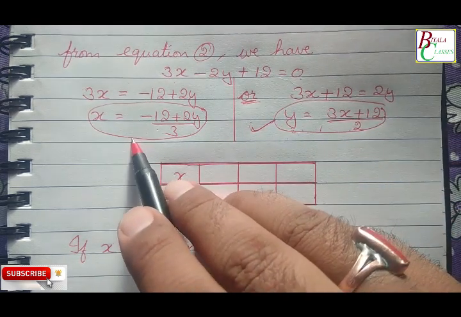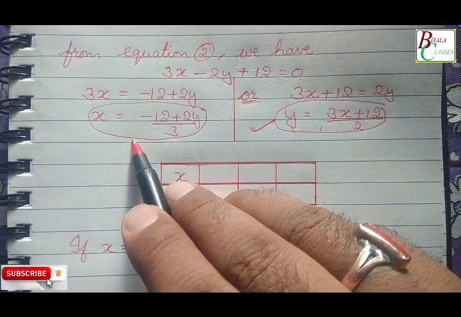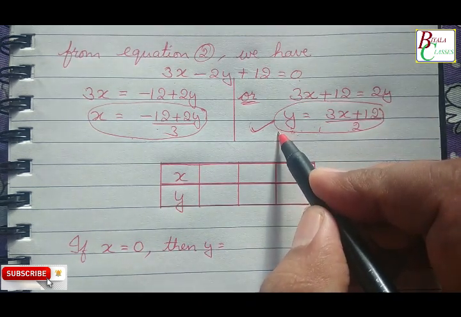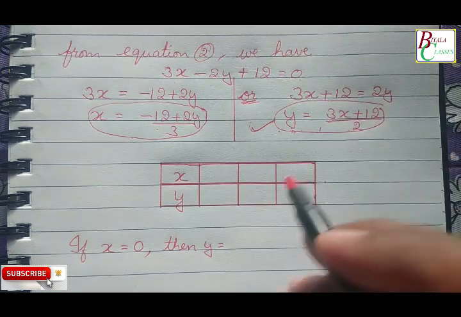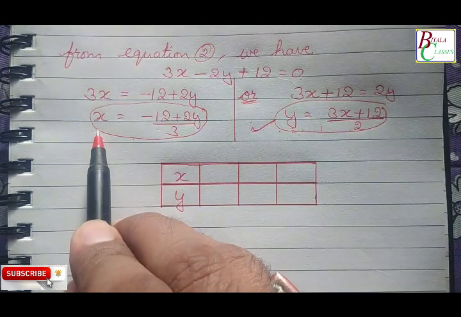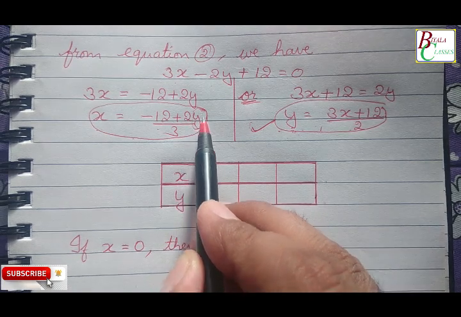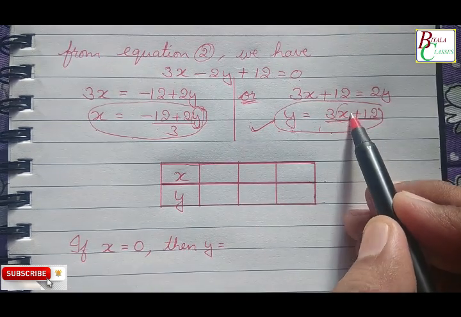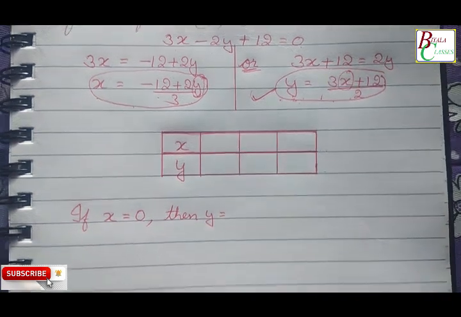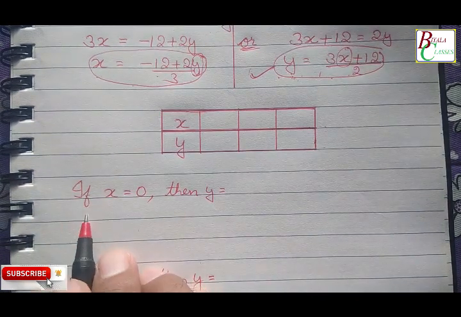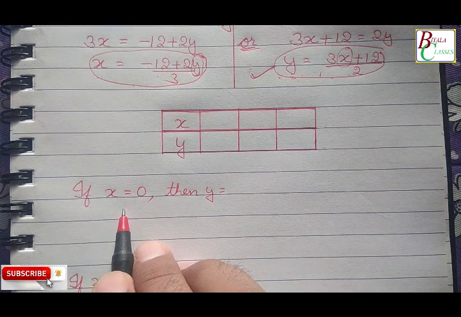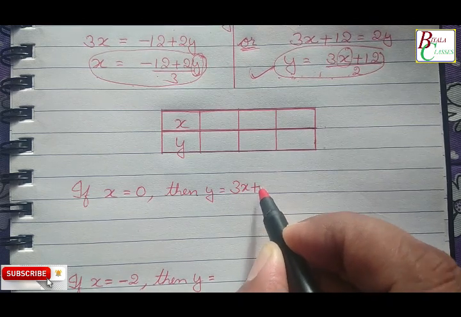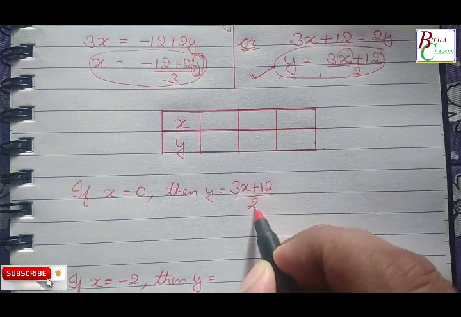In the first one, I had calculated with the value of x which we had taken. Now I'll show you how to do it with the value of y. Though there is no difference in it. The only difference is if you go on with this, you are going to substitute the value of y, and if you go with this, you have to substitute the value of x. As you can see, I have taken the first value of x as 0, because we have y equals to 3x plus 12 upon 2.